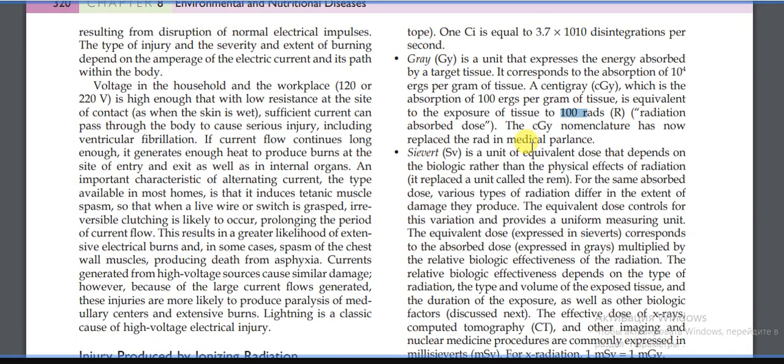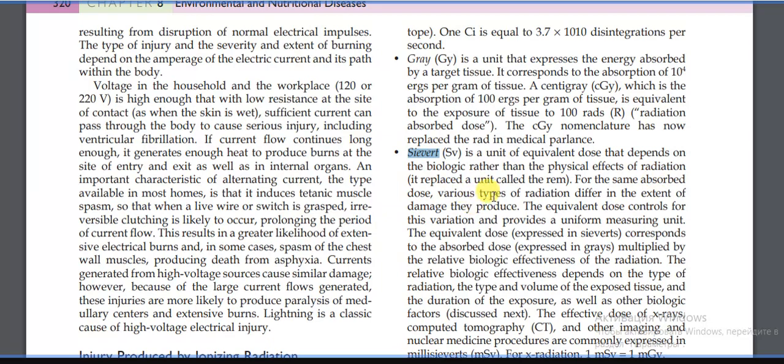And now let's talk about sieverts. The sievert is the most commonly used unit in medicine. It is a unit of equivalent dose that depends on the biologic rather than the physical effects of radiation. It replaced a unit called the rem. For the same absorbed dose, various types of radiation differ in the extent of damage they produce.